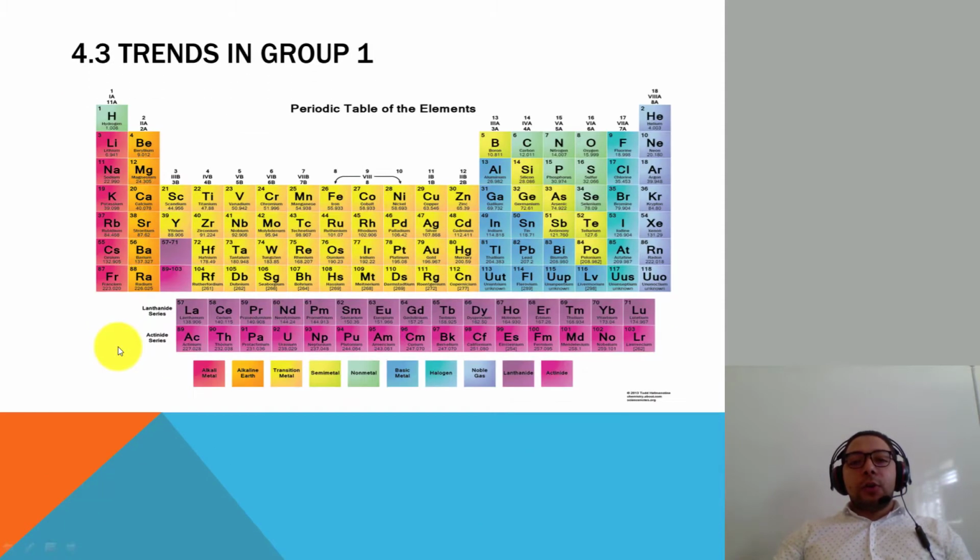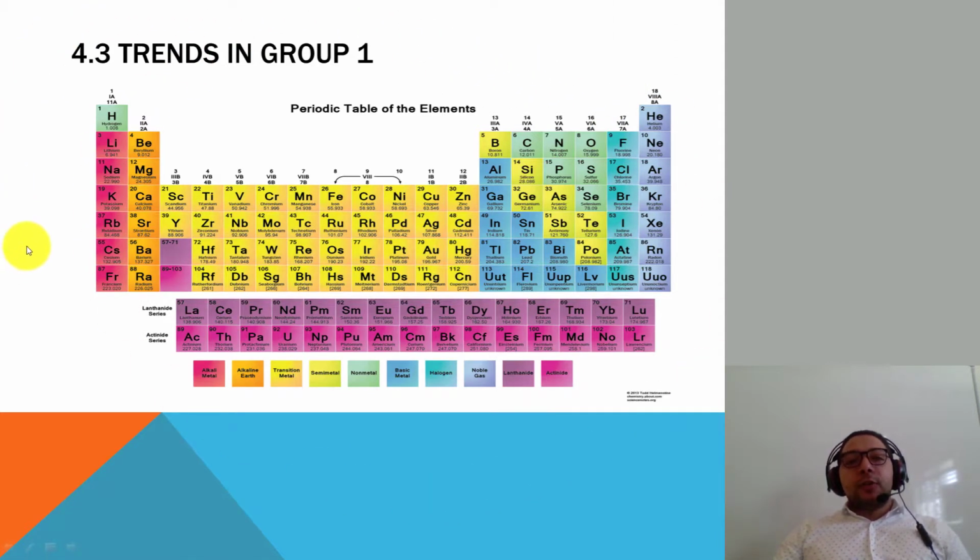So I want to share with you something. We said the periodic table is a table which arranges the elements based on their masses and their atomic numbers. I want you to see the full periodic table. That's what you're going to take in year 10 and 11.